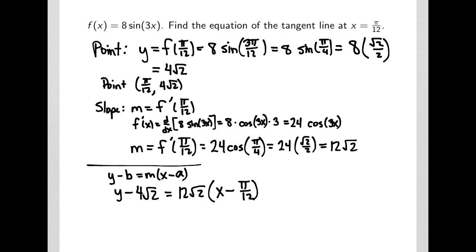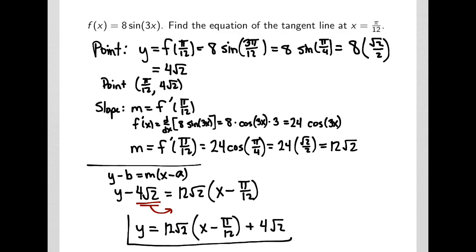So we'll add 4 square root of 2 to the other side, and we get the equation y equals 12 square root of 2 times x minus pi over 12, plus 4 times the square root of 2. And this is the equation of the line, using point-slope form, for the tangent line of our function at pi over 12.